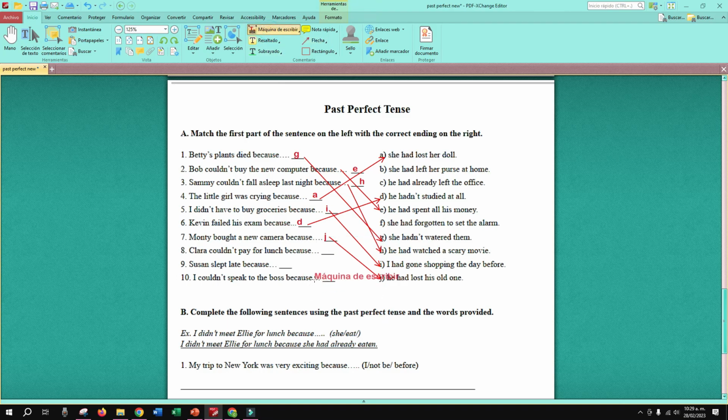Clara couldn't pay for lunch because what? B. She had left her purse at home. Excellent, Edwin. And let's see. 9. Susan slept later because F. She had forgotten to set the alarm. That will be the answer.